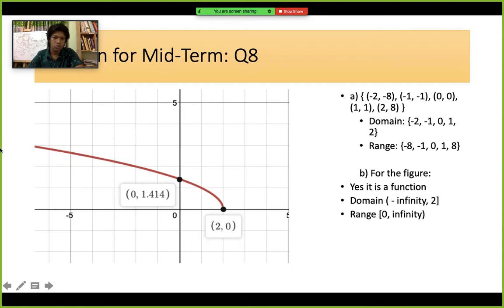The range is the y value, so 0 to plus infinity, because on this side y goes to plus infinity and on this side x goes to minus infinity. That's why for the domain we said minus infinity to 2, and for the range 0 to plus infinity.